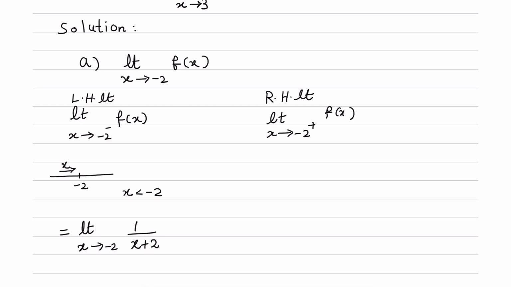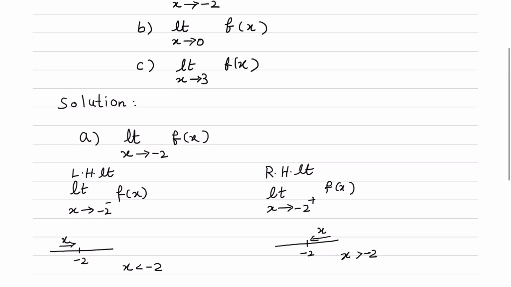Now look at the right hand side. So x is approaching -2 from the right of -2. So we will mark here -2. In this case x will be on the right of -2, which says x is greater than -2.